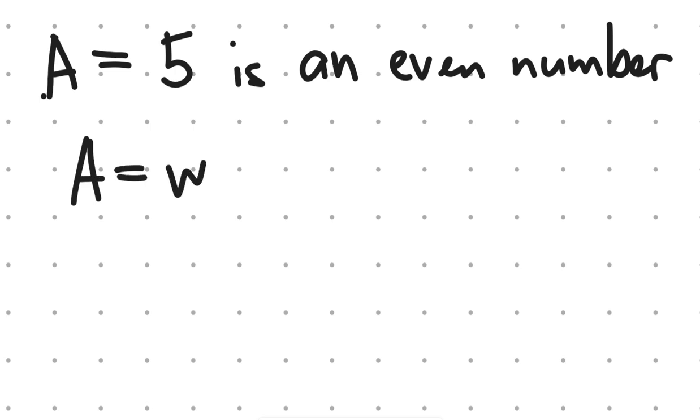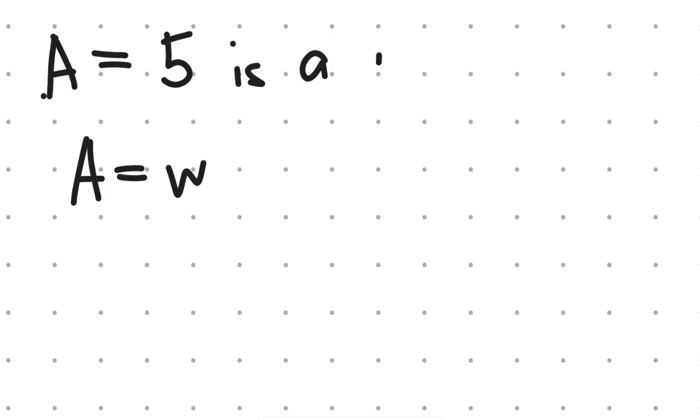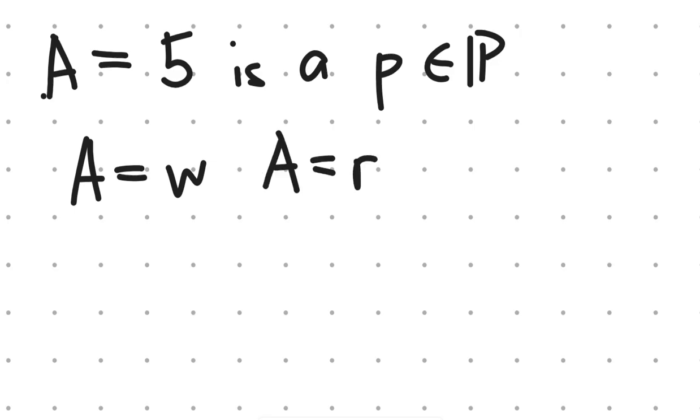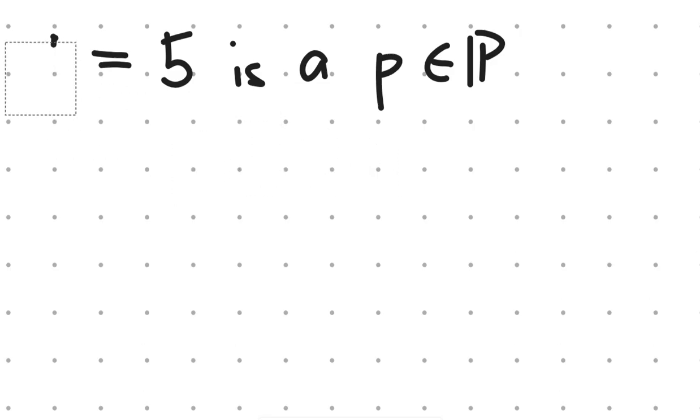But if "5 is a prime number," P, element of the prime numbers, then A is right. Okay? So these are some examples of A and B.